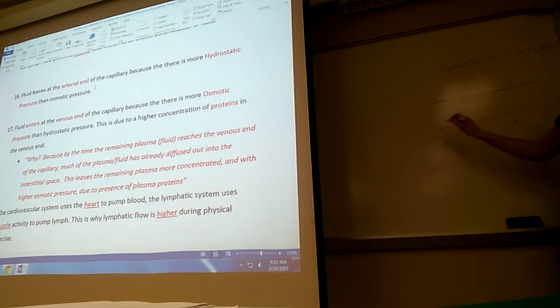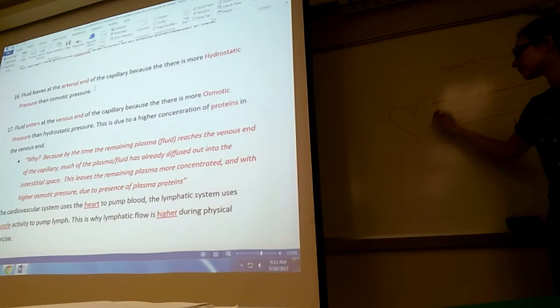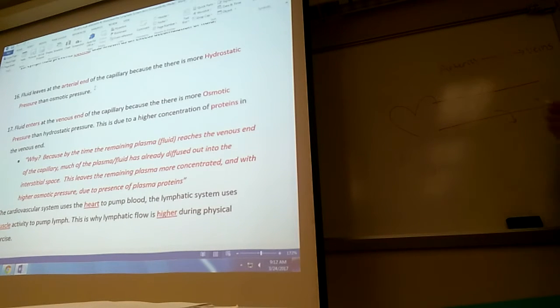Too much fluid, too much salt, also your heart. It's pushing that fluid out. So a good way you can remember hydrostatic pressure is high near the heart because the heart is pushing fluid out of your arteries. What you guys said is valid too, but that's just a way to remember it.